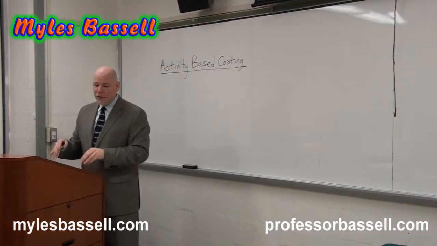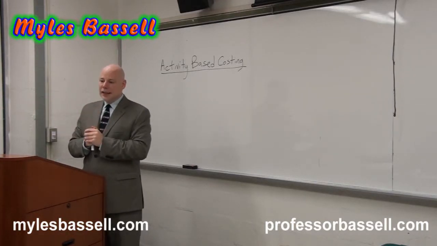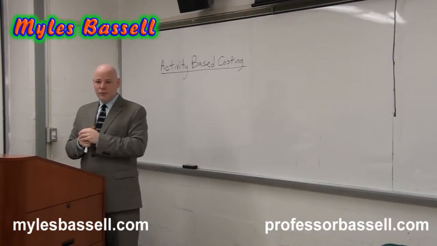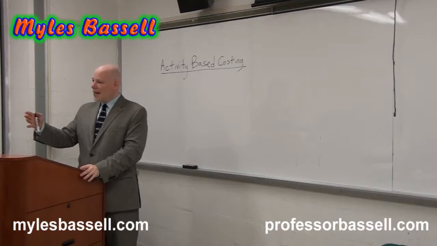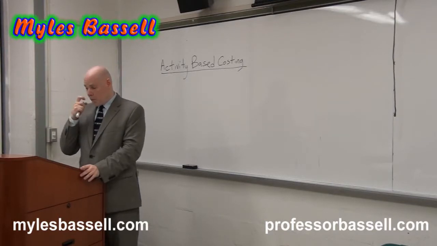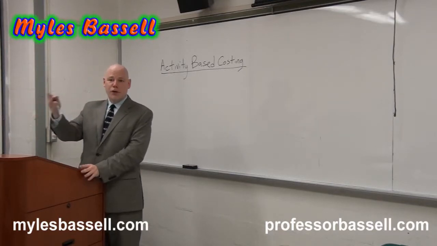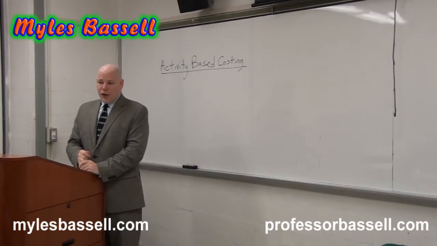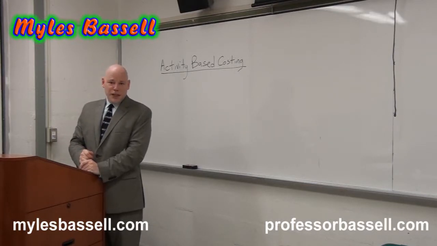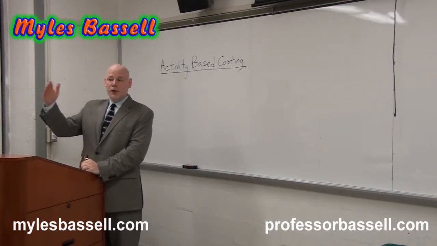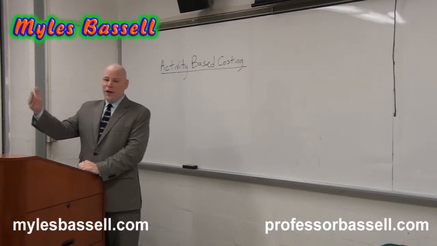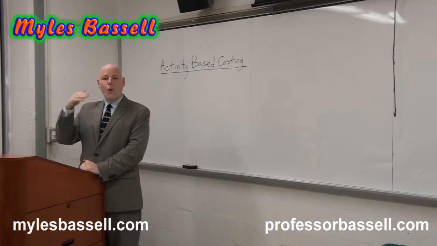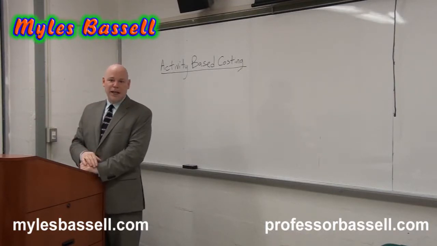So at one time, a lot of emphasis was placed on direct labor, and direct labor was used as an allocation base. And in some cases, that could be very appropriate. But in many manufacturing facilities, the use of labor has decreased, and manufacturing systems are more and more automated than they were previously.